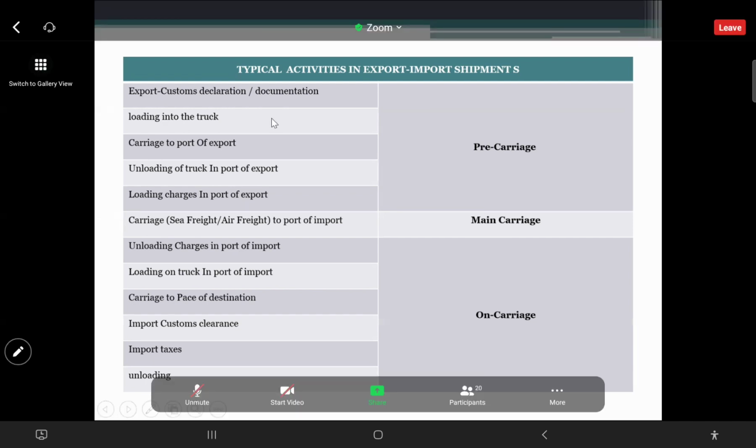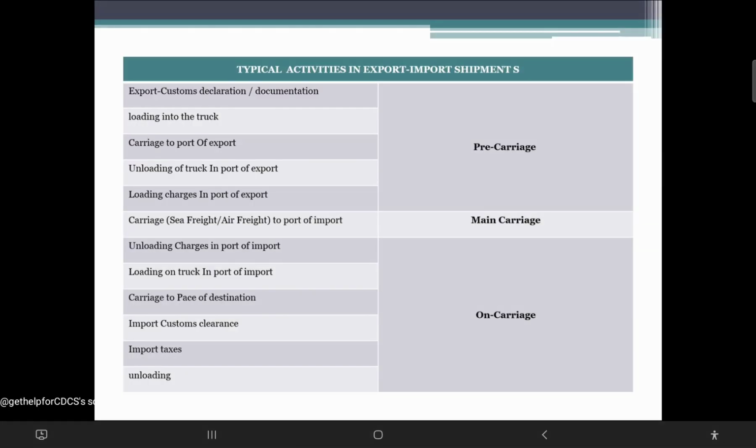So the goods are loaded onto the truck or the container, and then the carriage takes place to the port of export. Once the container reaches the port of export, unloading also has to happen: unloading the goods from the truck at the port of export. Then, since the vessel is mostly going the next day or in 2 or 3 days, the goods are stored there.